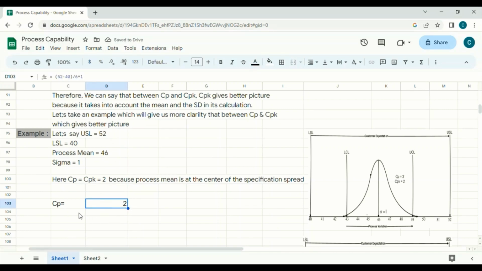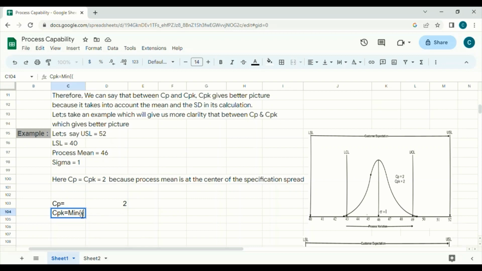Now we'll calculate Cpk. Cpk value is equal to the minimum of CPL value and CPU value.